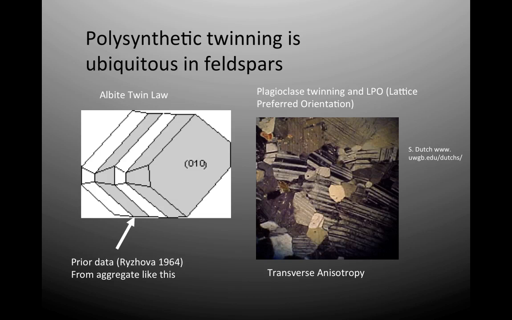Let's go through again the issues with feldspar. Feldspar is ubiquitously twinned. The left-hand diagram shows the typical twinning according to the Albite twin law. I'll note that the composition face is 010, and the twin axis is the C-axis.